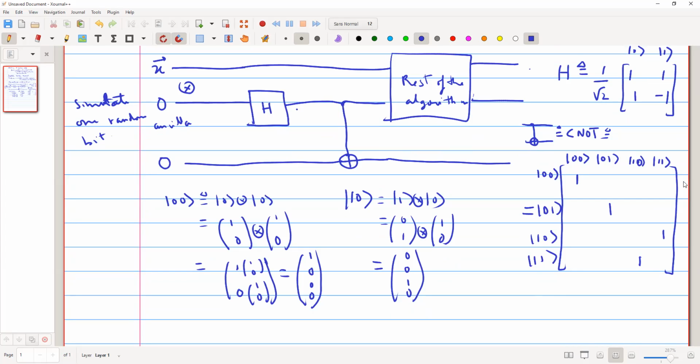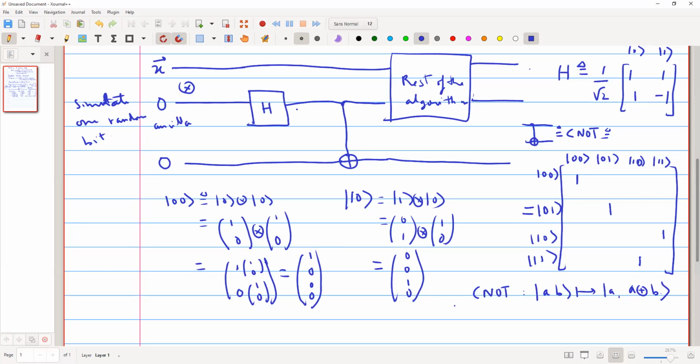So this is the control knot, and even more explicitly, you can remind yourself, what does C knot do? Let's say I started off with the bits A comma B. It maps it to A and A XOR B. You can even check this.